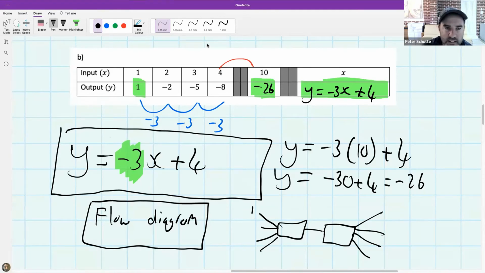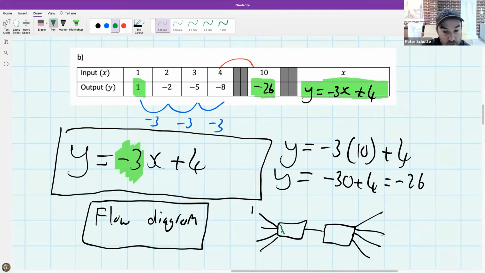Okay, who would like to tell me how to do a flow diagram of this relationship? Ayanda, let's do it. Hi, sir. Hello. How do I do it? Very good. So in the two boxes, the first one you're going to put -3.